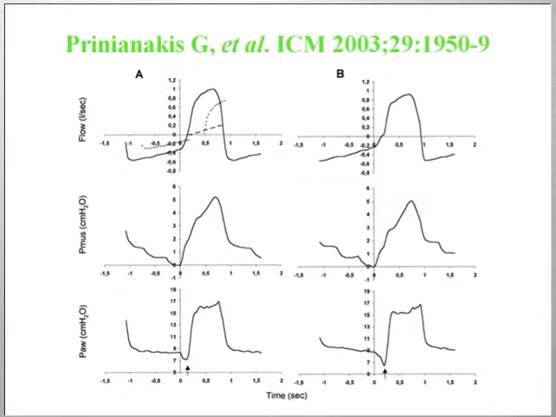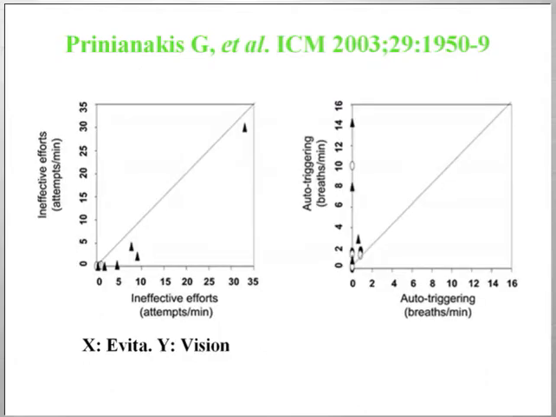And they did two studies simultaneously. First, a bench study with different levels of dynamic hyperinflation and different levels of inspiratory drive. And what they observed was that in the bench model, the new system performed much better than the conventional one, but in the 12 patients in whom the authors compared these two systems in the clinical setting, the differences were really minimal.